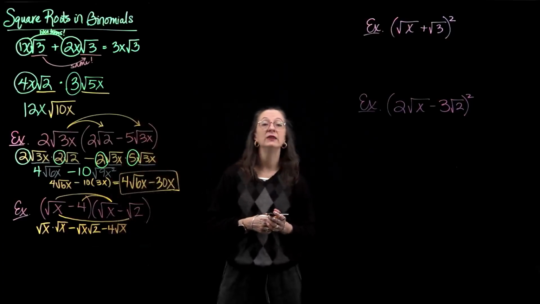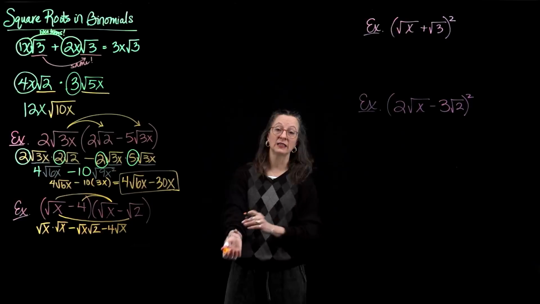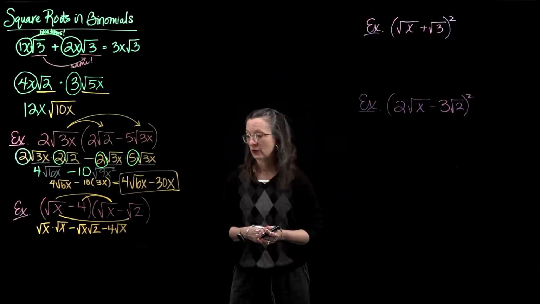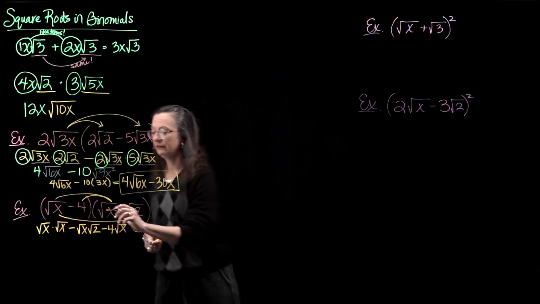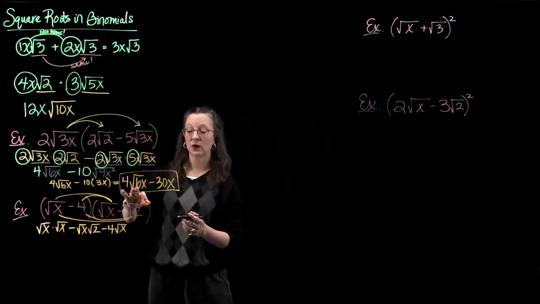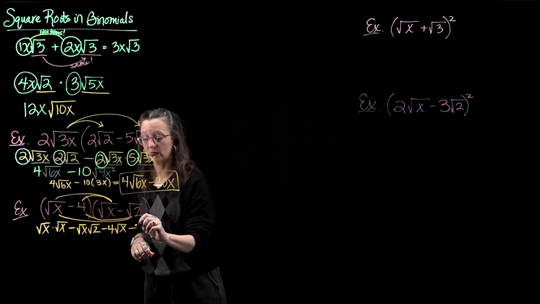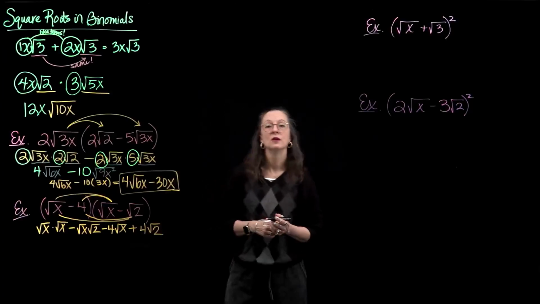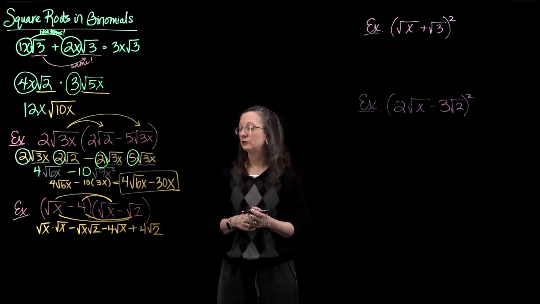We can't combine those together because the 4 is not inside a square root. So we would just write down minus 4 square root of x. And then finally, the last terms, minus 4 times negative square root of 2. Minus times minus gives me positive 4 times square root of 2.